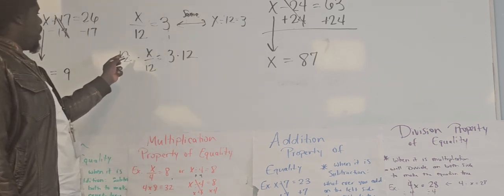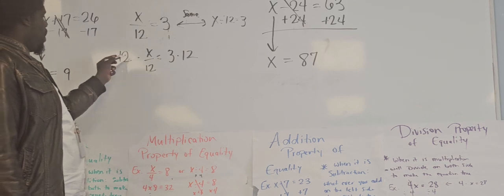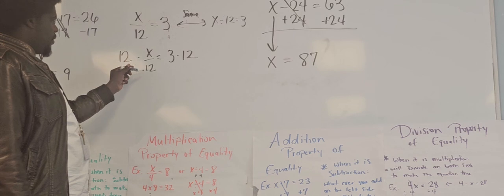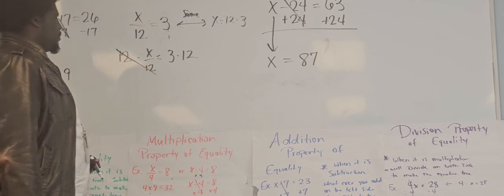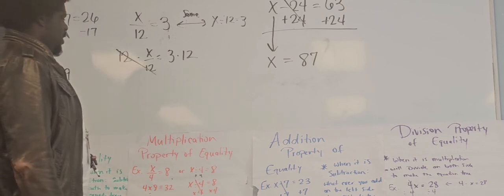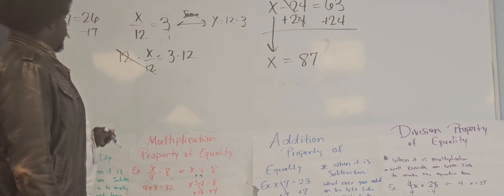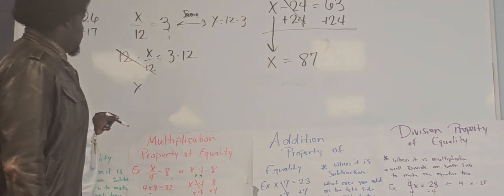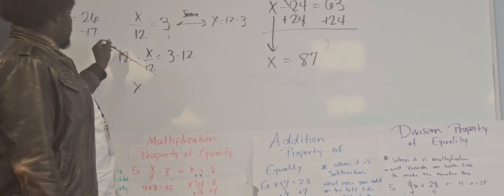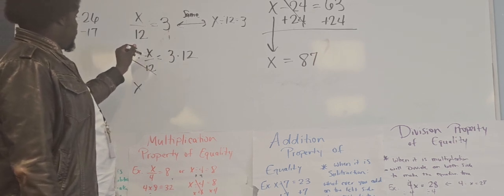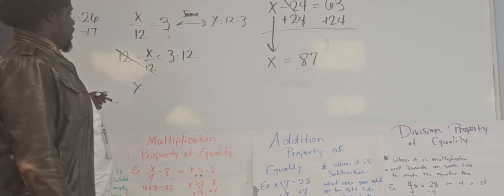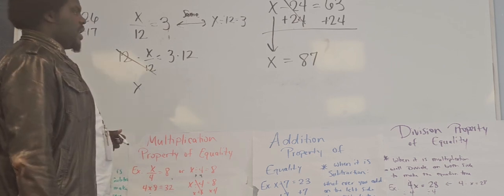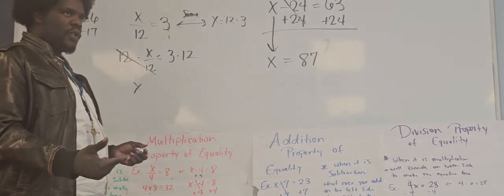This is like saying 12x over 12. So 12 divided by 12 is 1. And the x is by itself. What I'm saying here is this would have been 12x over 12. So this is basically saying 12x divided by 12. The 12 will cancel out because 12 divided by 12 is 1.